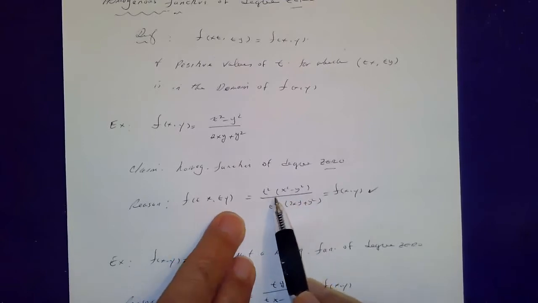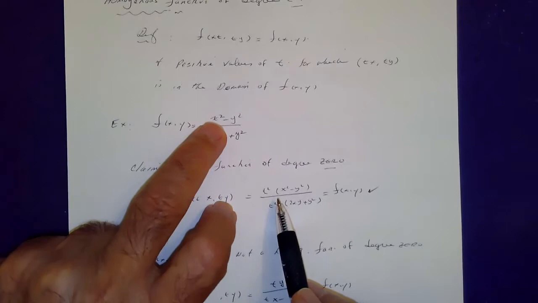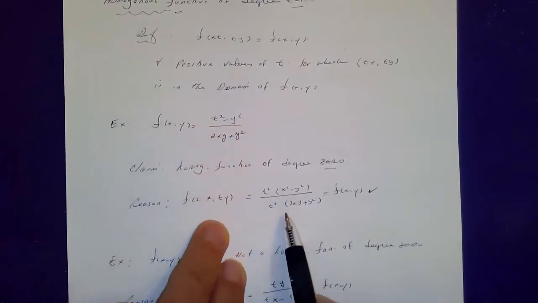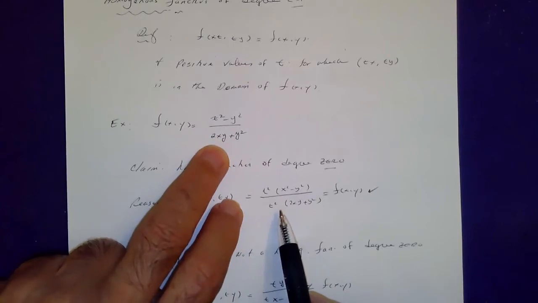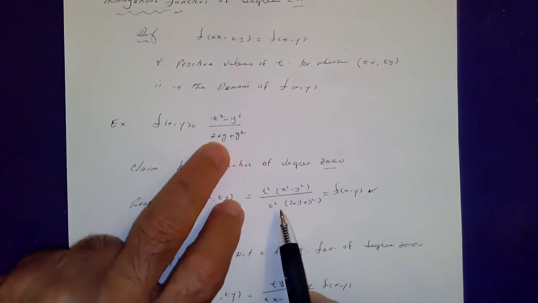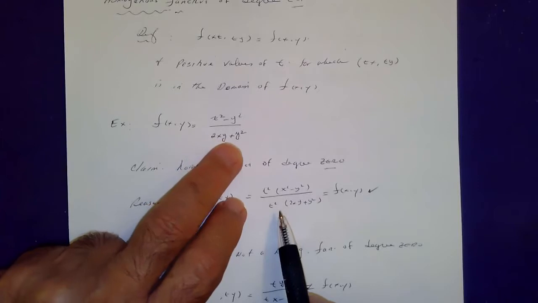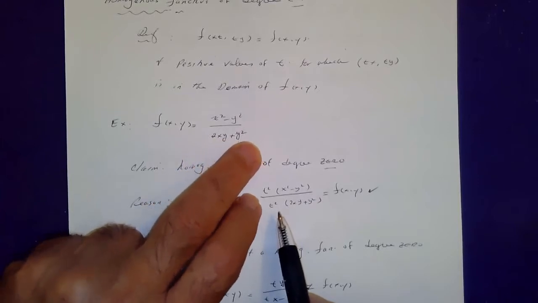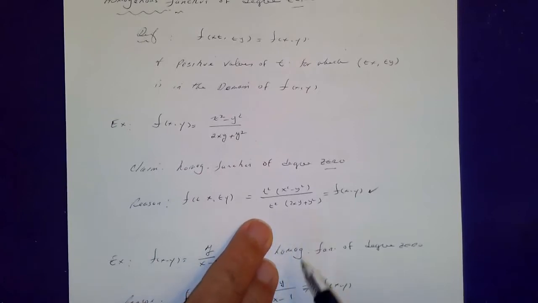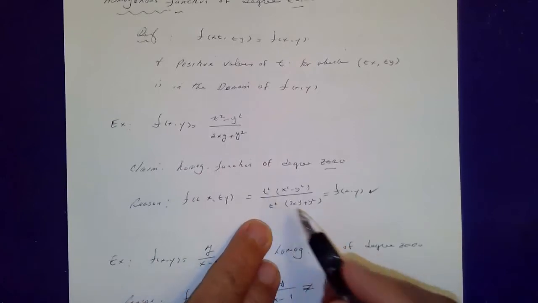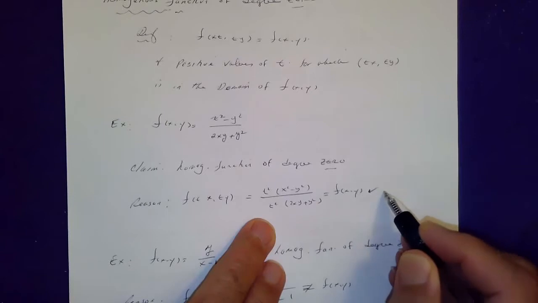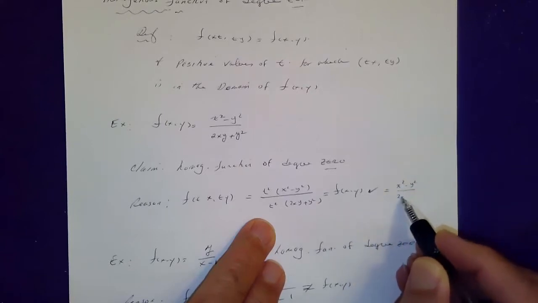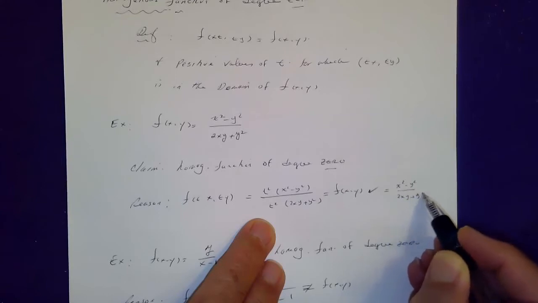So factor out the t squared from the top, and you get t squared at the bottom, because this would be 2(tx)(ty) plus (ty) squared. So factor out the t squared, these cancel, and you get the function itself.